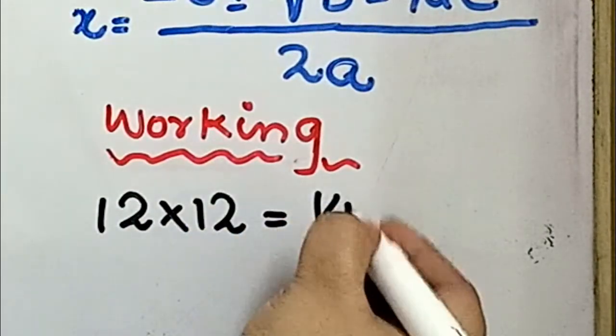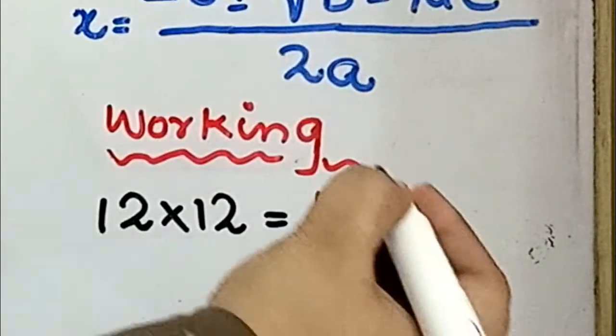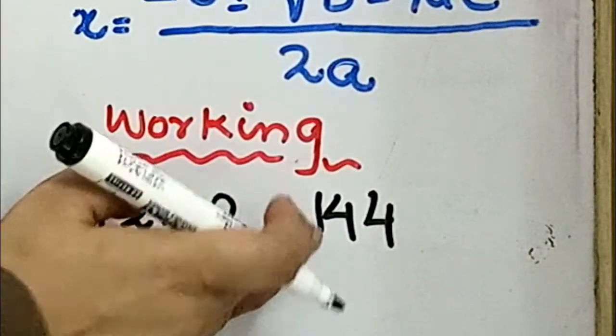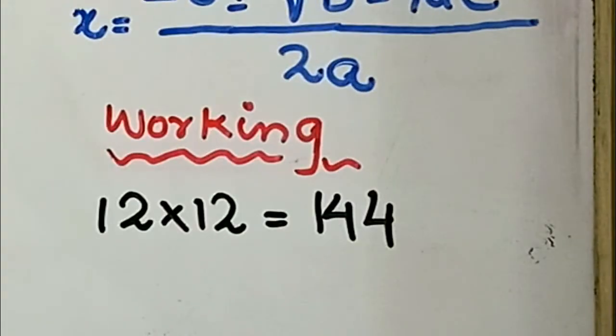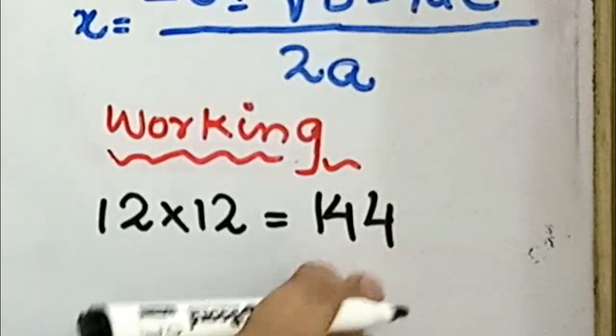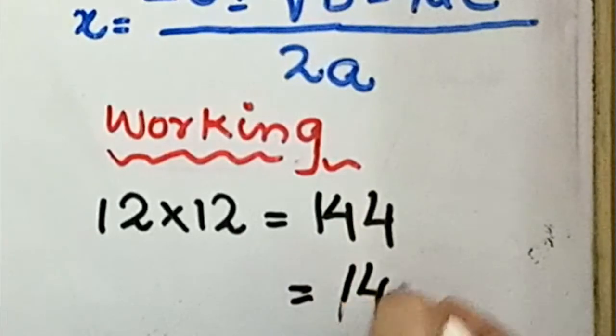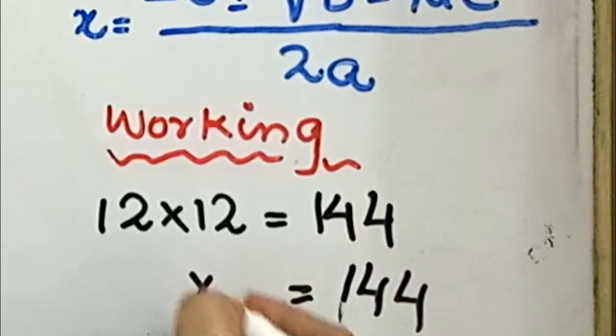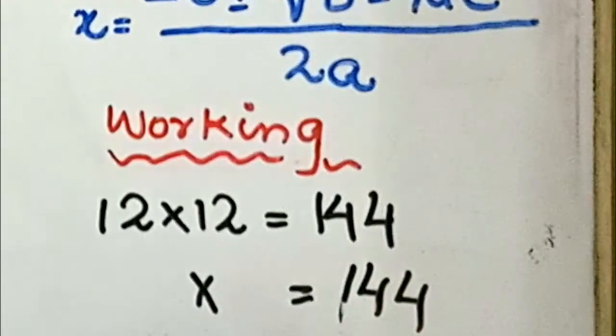That is 144. Means we have to find out the pair of digits which we multiply and get 144, and after subtracting we get 7.